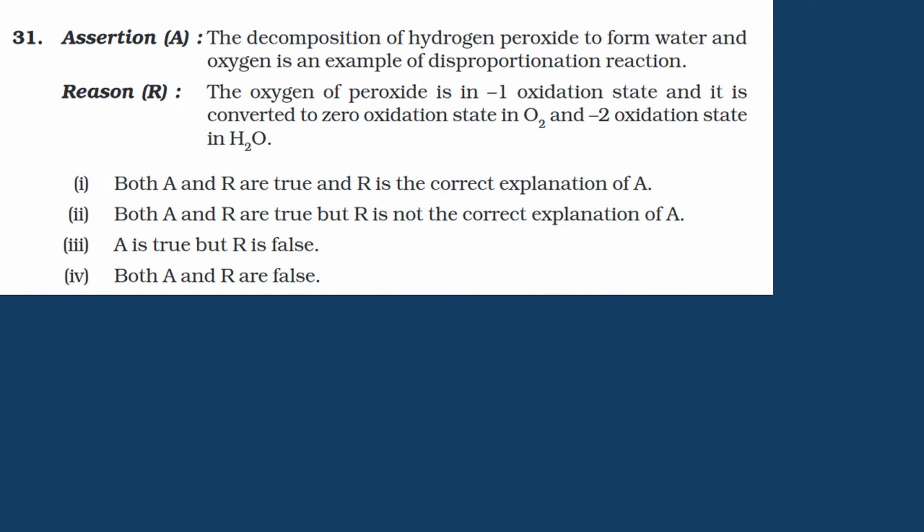Question 31. Decomposition of hydrogen peroxide to form water and oxygen is an example of a disproportionation reaction. Let's see. Let's look at this first, it's bugging me. H2O2, H2O and O2 are at -1, -2 and 0. So you've got a middle oxidation state, and you've got a lower and a higher oxidation state as well.